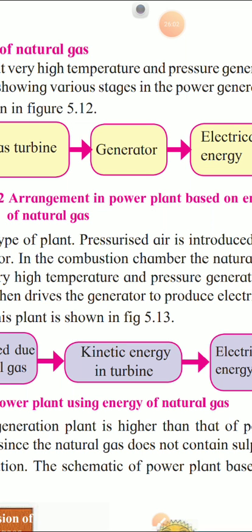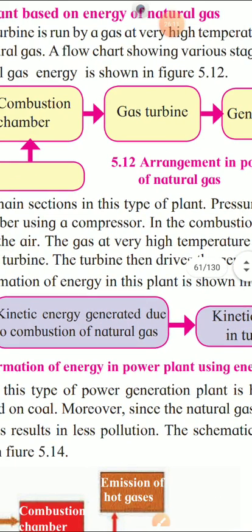Now, step by step, further we'll see the flow chart, that is 5.13. Let us see now here. The energy which is present in the natural gas is a chemical energy, not kinetic energy.